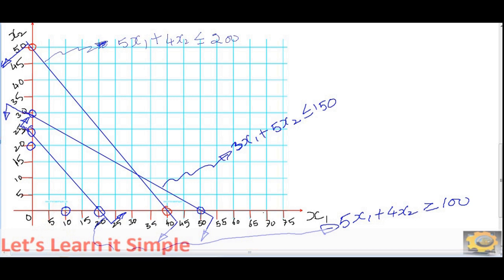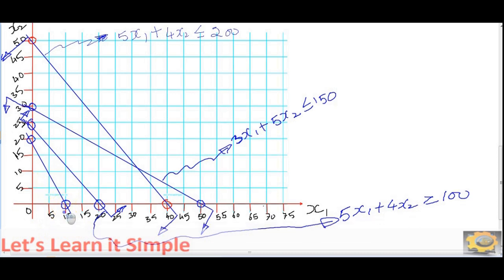Again, I need to cover these points by a straight line. Now the equation for this line is 8x1 plus 4x2 greater than or equal to 80 here.